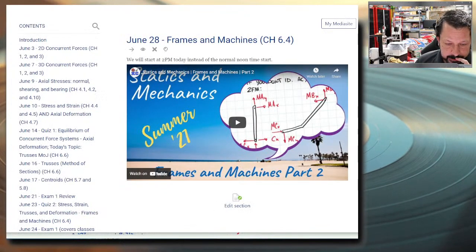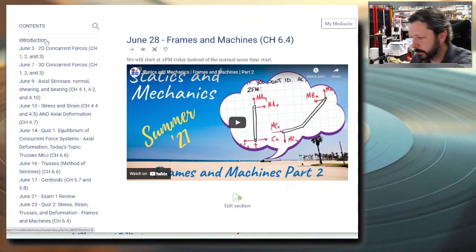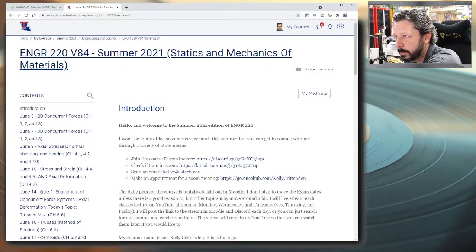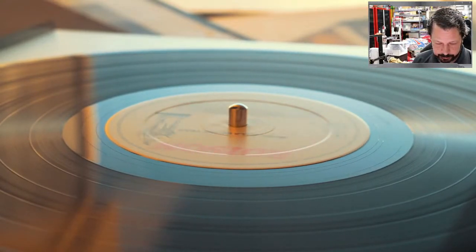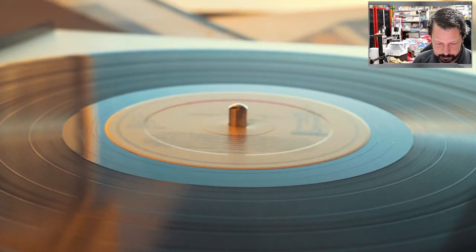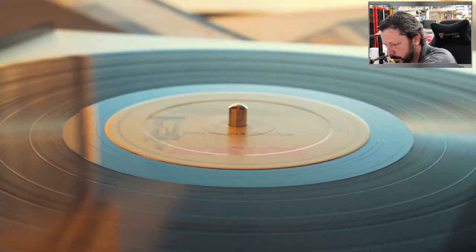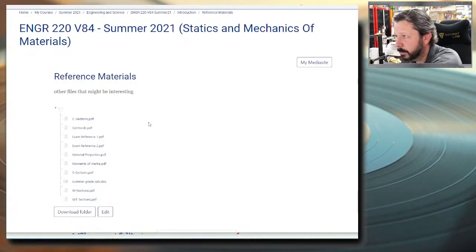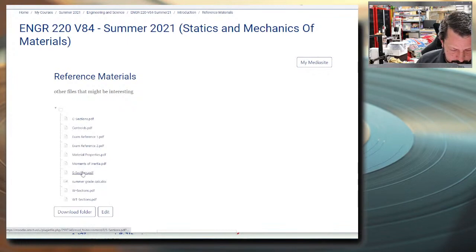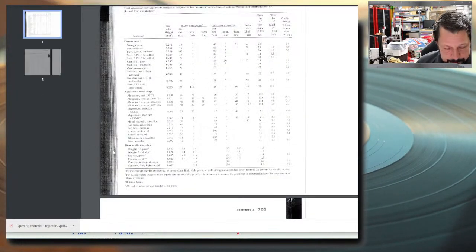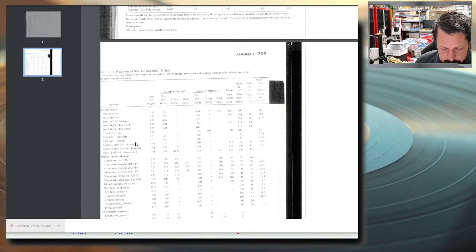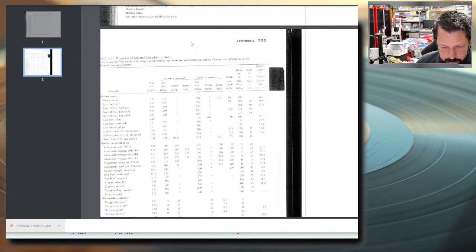Let's see if I can find it. There it is, actually. Material properties. Oh, well, it's a download. All right. We need the metric units for this.